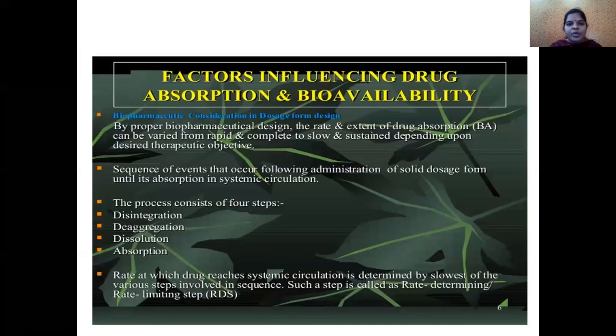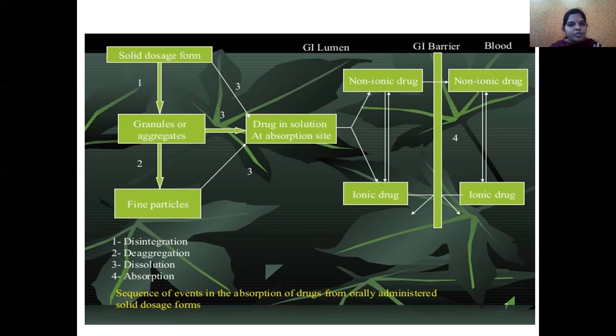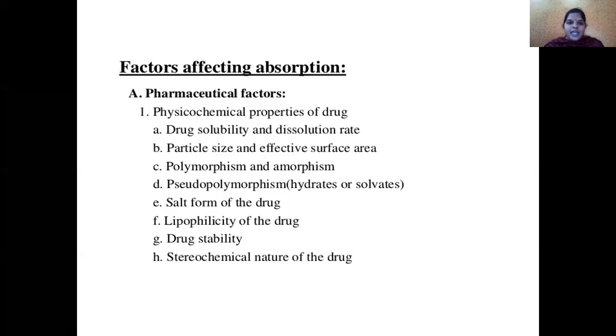So till now what we discussed: mechanisms of drug transportation and the factors influencing absorption and bioavailability. These are very important things. Okay, factors affecting absorption. You have 3 different kinds of factors which are going to affect your absorption rate.